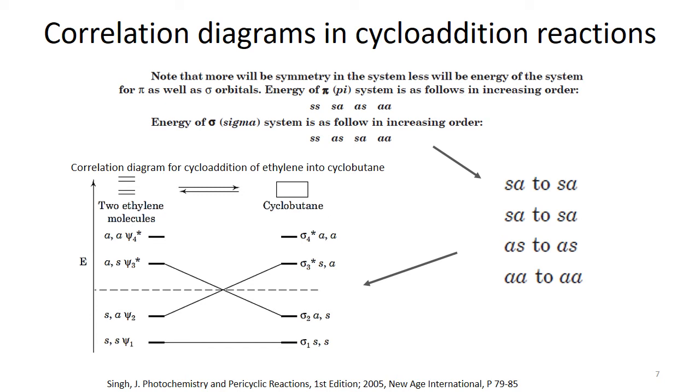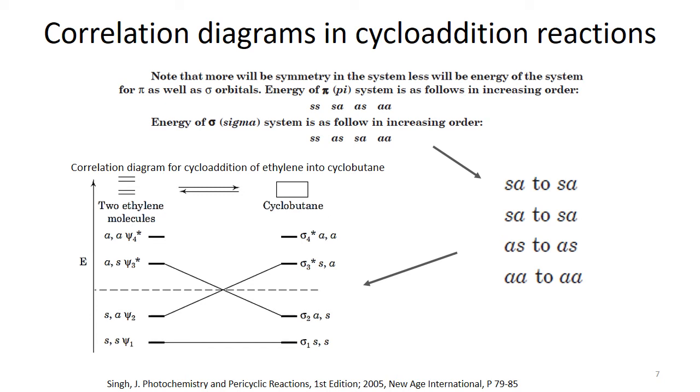In this arrangement, the more symmetry in the system, the less the energy of the system, for pi as well as sigma orbitals. The energy of the pi system in increasing order is SS, SA, AS, and then AA. But for sigma the increasing order is SS, AS, SA, and AA.